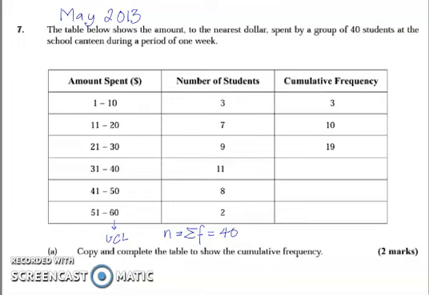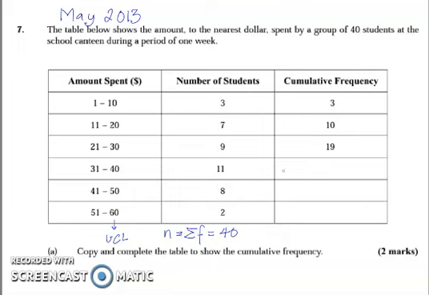Now A is asking us to copy and complete the table to show the cumulative frequency. So in other words, let us complete this table by completing the cumulative frequency column. Now, cumulative frequency means that you must add the frequency as you go down.